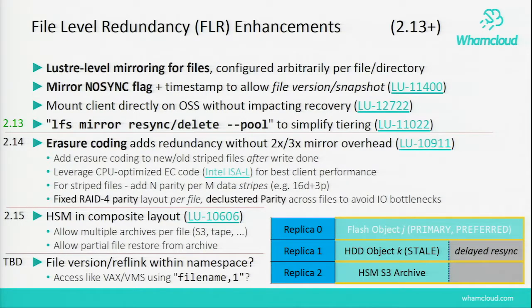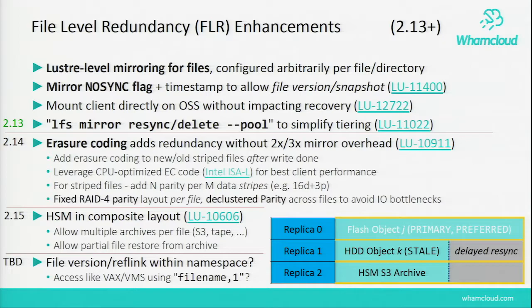But with FLR and HSM together, we could have 2 or 3 different copies, in different cloud regions or different cloud providers, one on S3 and one on AWS and one in Azure or something like that. And that gives us a lot of flexibility.